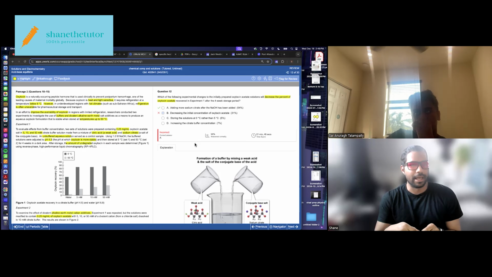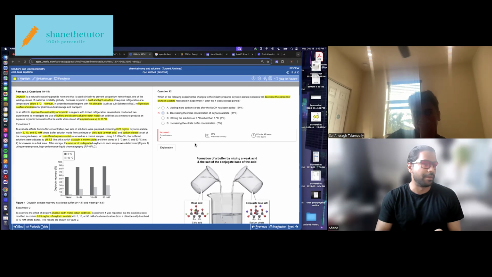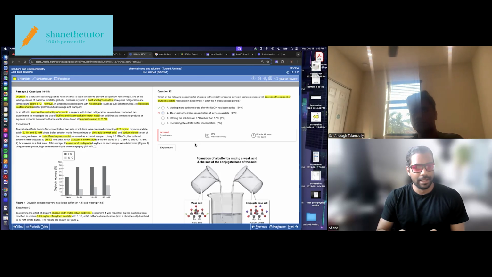It is heat and light sensitive and requires refrigeration at a temperature below 8°C. In hot climate regions, refrigeration is not available. To improve availability, they tried to use buffers and divalent alkaline earth metals to produce an aqueous version that is stable up to 50°C.